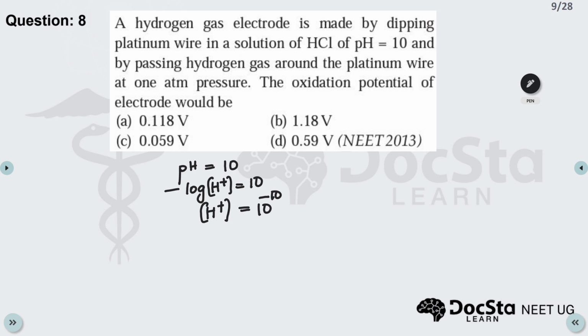Okay. Now we have to write down the Nernst equation. Before that, the reaction here is hydrogen is getting converted into 2H plus and 2 electrons, isn't it? And we know that hydrogen here is at 1 atmosphere, and the concentration of the H plus ions we have calculated as 10 to the power of minus 10. So these parameters are available.